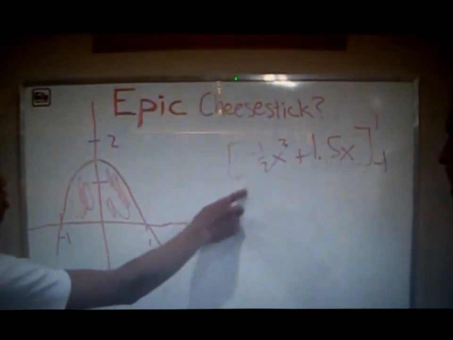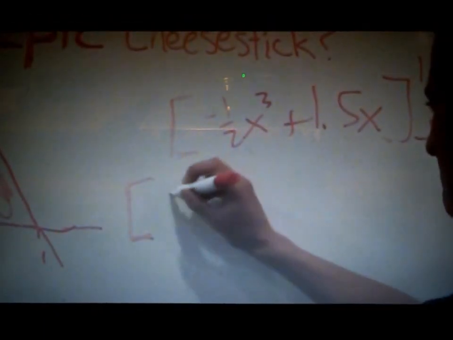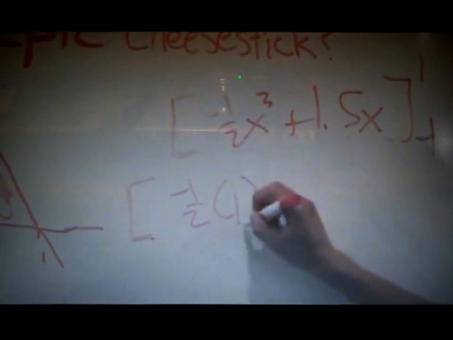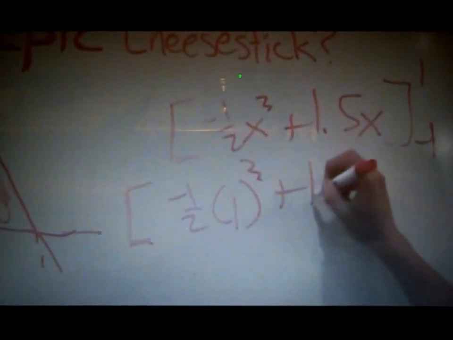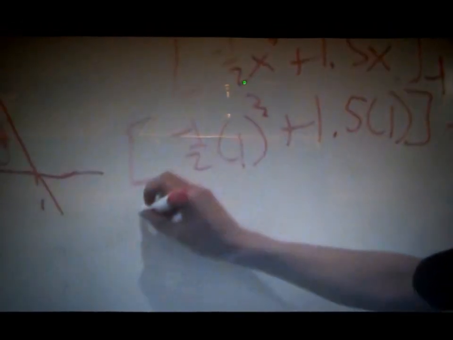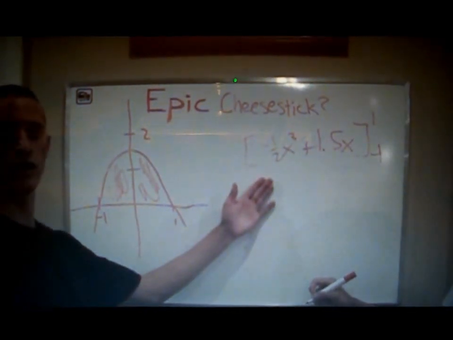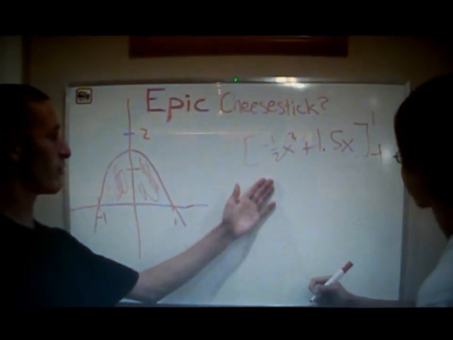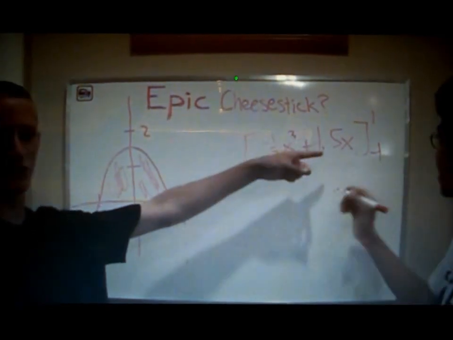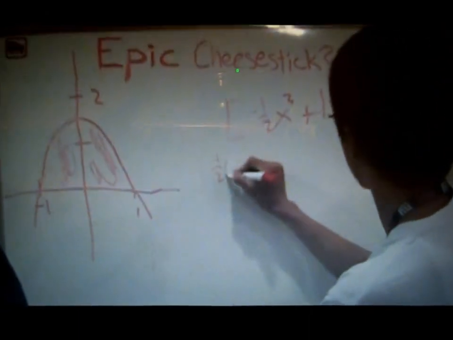Alright, so now we're going to solve this integration. We plug in the top number and subtract it from the bottom number. Now that you have your equation anti-differentiated, you just plug in these two numbers, subtracting a from b.